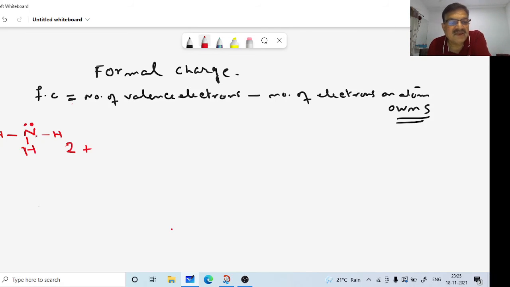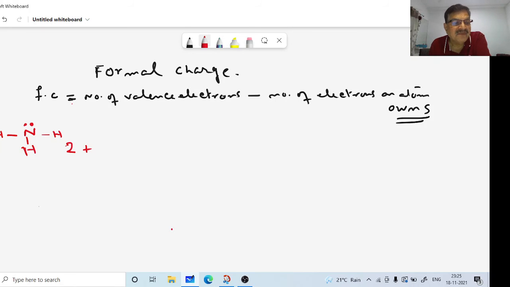So that is the property of this nitrogen. Now nitrogen has 3 bonds with hydrogen. Each N-H bond is a 2 electron bond. Therefore, half of that belongs to nitrogen, and half will go to the hydrogen, because this bond is formed by 1 electron from hydrogen and 1 electron from nitrogen.